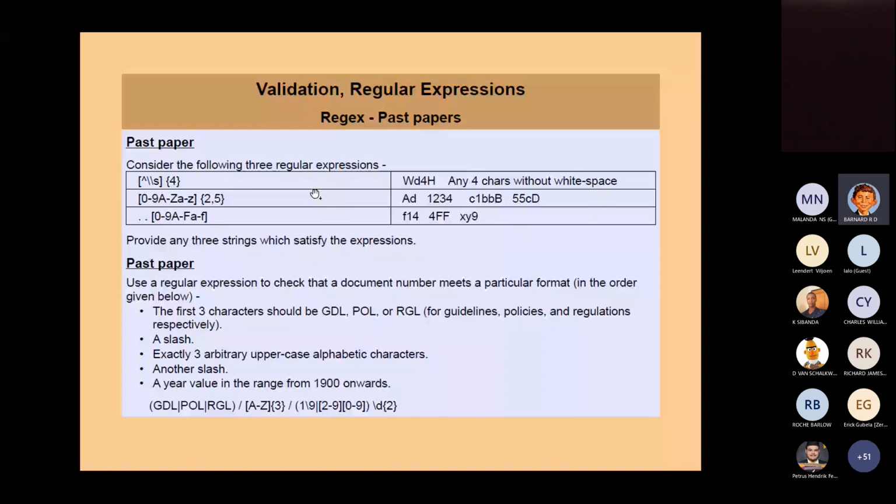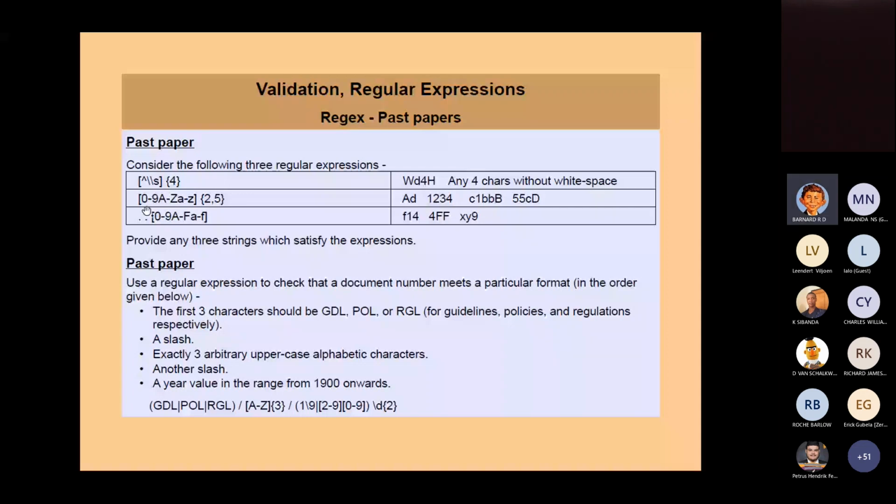So the first one, you've got your character class which excludes the lowercase s, in other words, the white space characters, and it's 4 repetitions of that. So what's valid there is any 4 characters excluding white space, right? You said the character in the bracket excludes anything lowercase s. So that's no white space. So it can be any other characters except white space. So that would be an example of the correct answer.